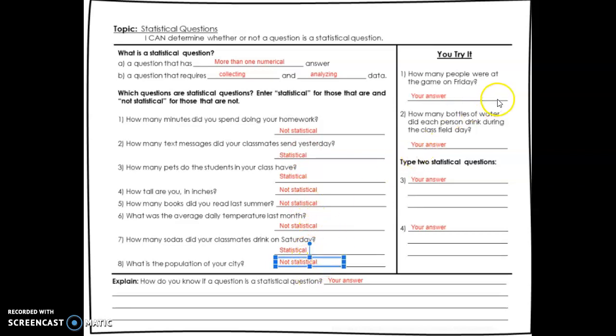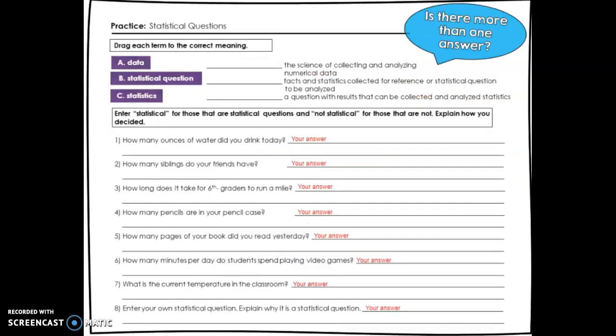Okay? So, you are going to now see how I was just typing these answers in on your own Google Doc. You are going to answer these questions here where it says you try it. And you are going to answer this one. You're going to explain how you know if a question is a statistical question. You're going to then go to the next slide. There's a few more. So here, you're just going to drag these to where they belong, whatever definition they belong with.